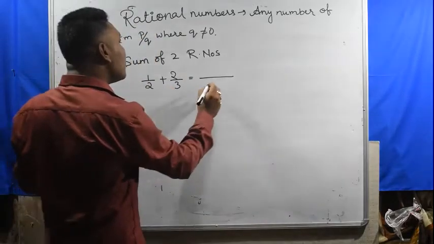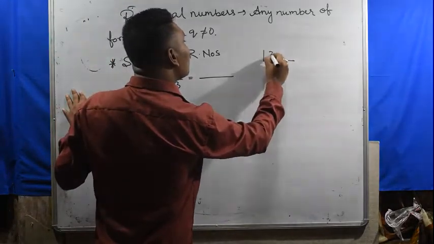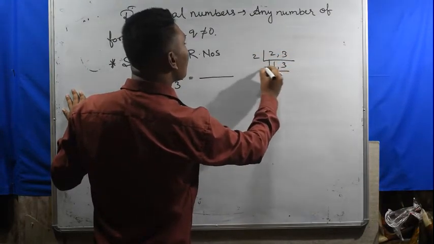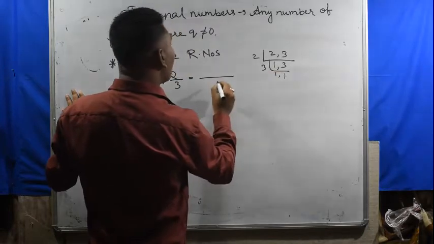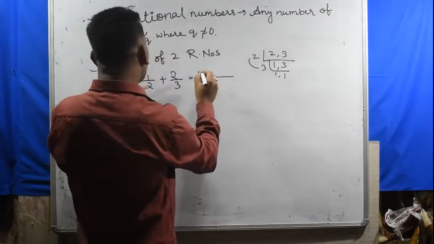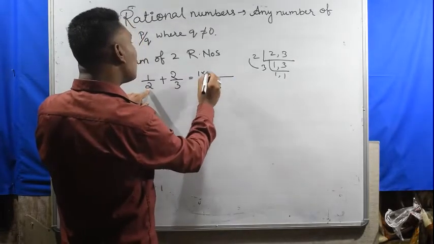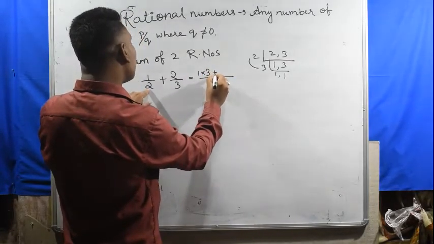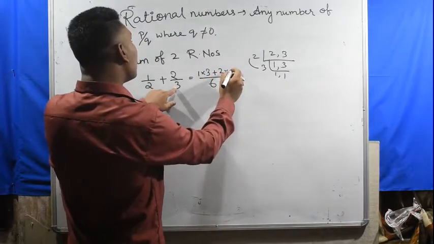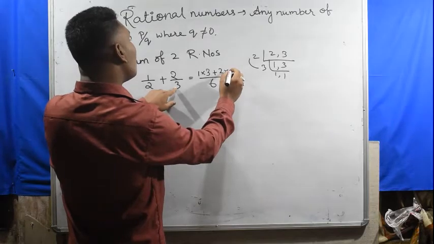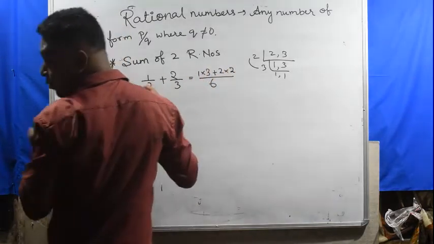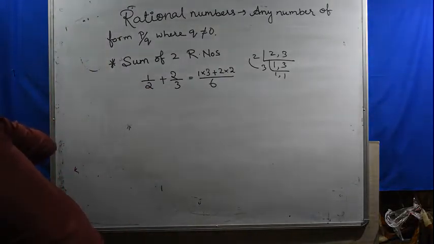The LCM would be 6. 2 threes are 6, so 1 into 2, plus 3 twos are 6, so 2 into 3.